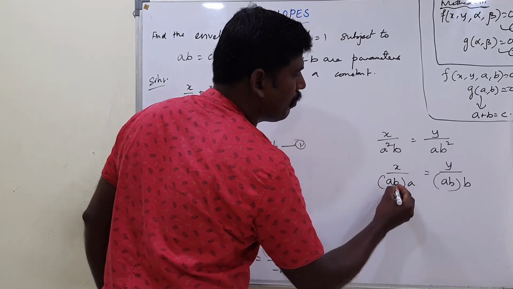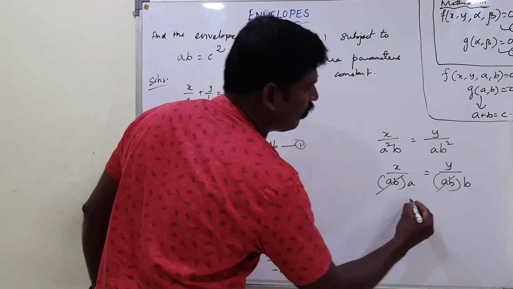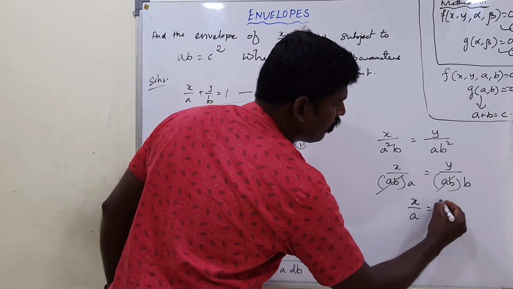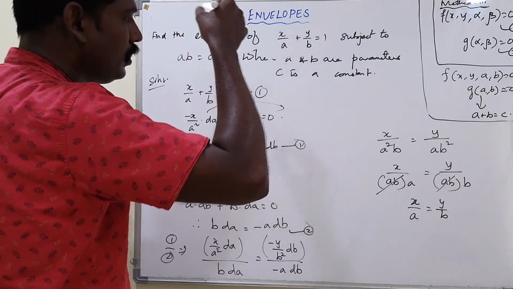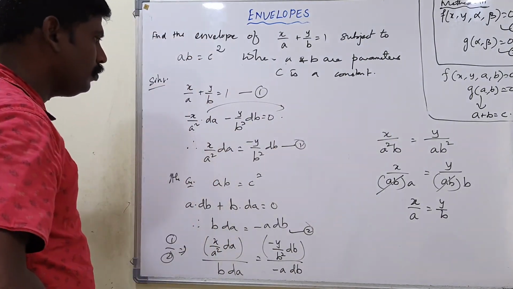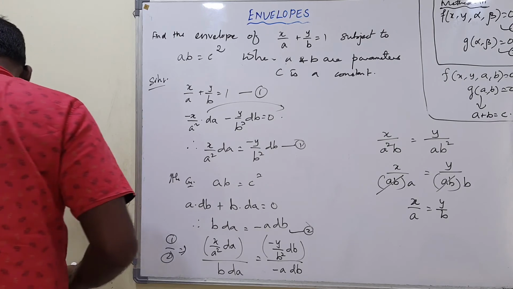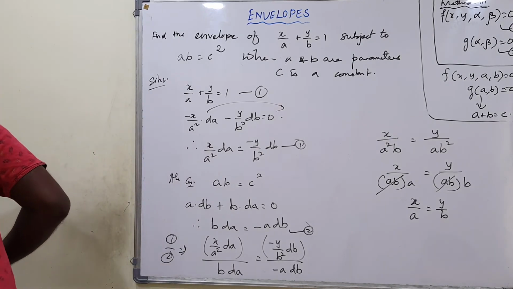So both are in the denominator, on opposite sides, so we can cancel both of the two. So you will get x/a = y/b, isn't it? x/a = y/b.